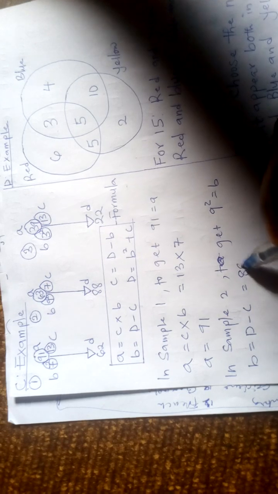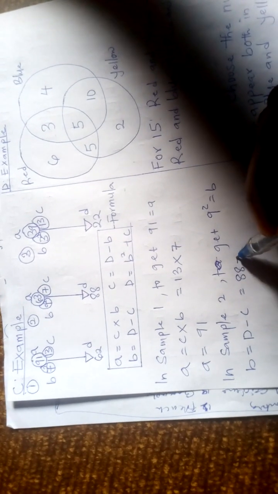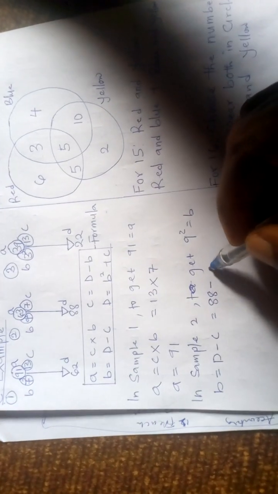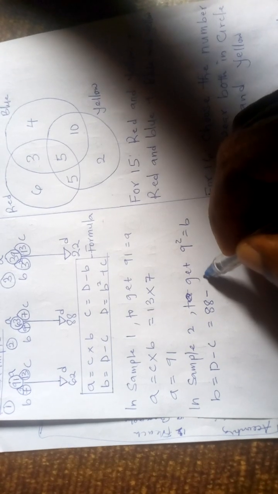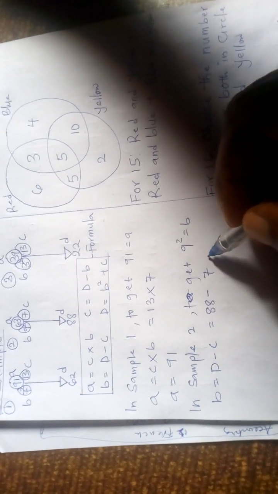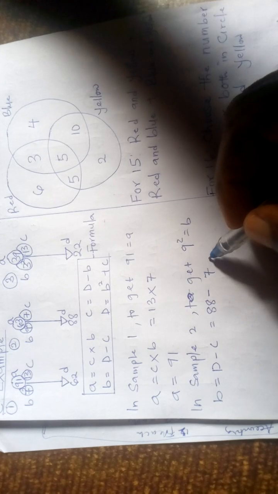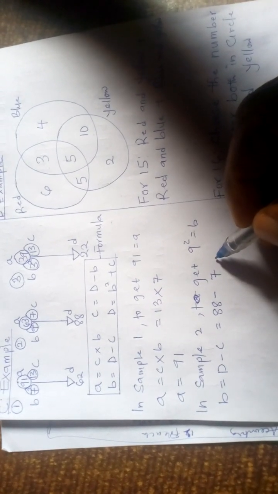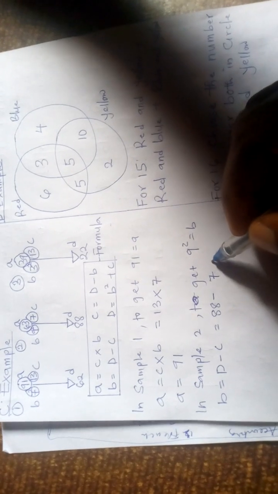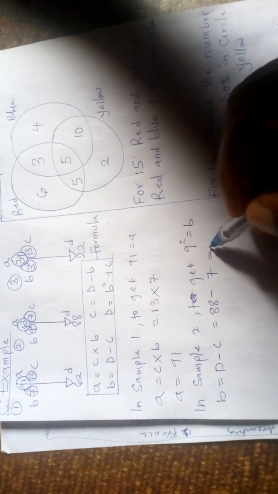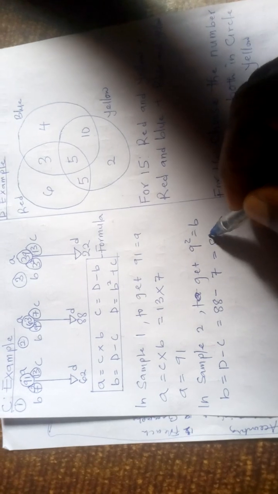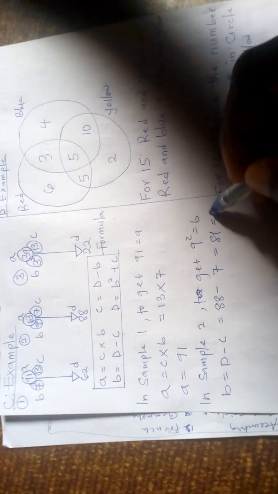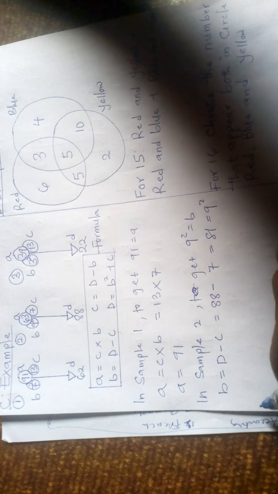Our D is 88 minus C. What is on the C? C of that sample is 7. Okay, so we discover that 88 minus 7 gives you 81, and 81 is 9 square.